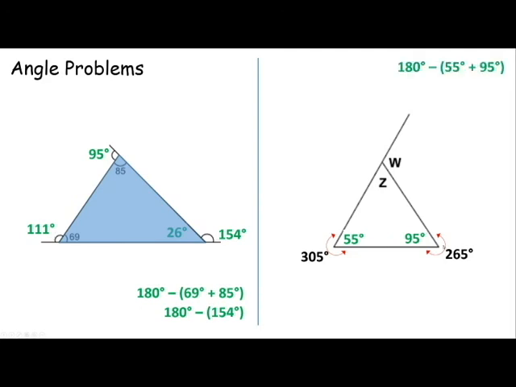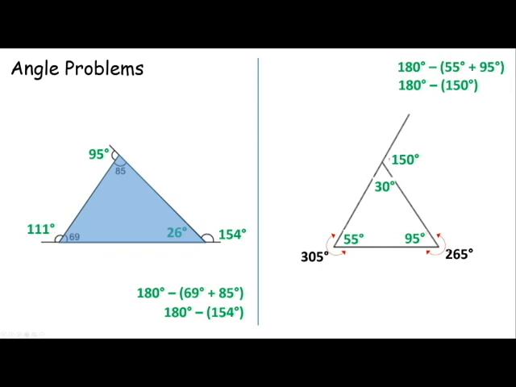Triangles always have 180 degrees. What you have already is 150. 180 minus 150 is 30 degrees. And once you know the 30, you should realize that together these have to make a 180, which means this is 150.